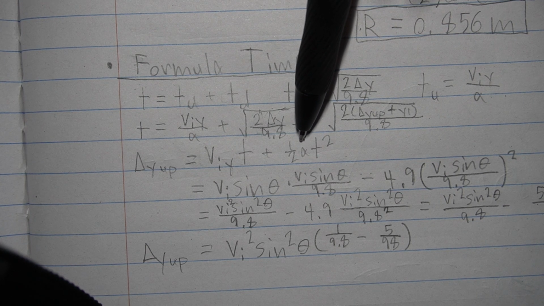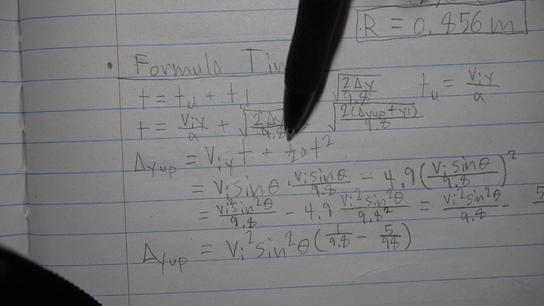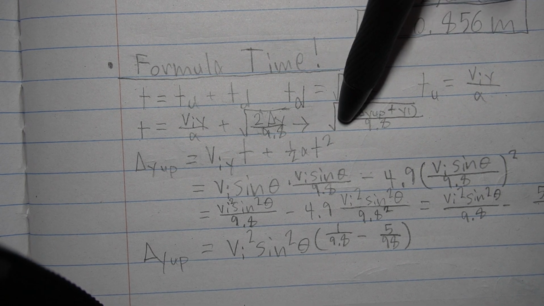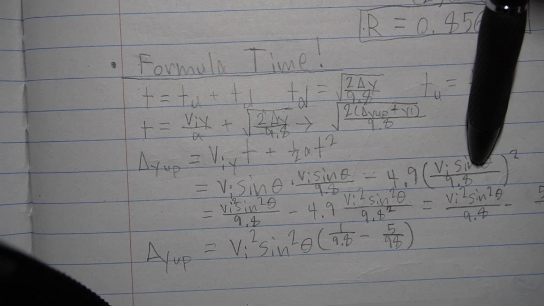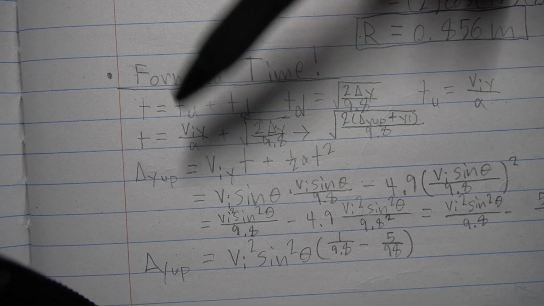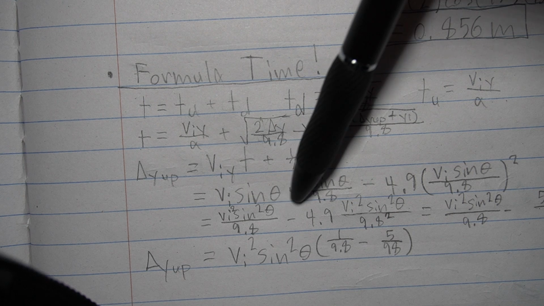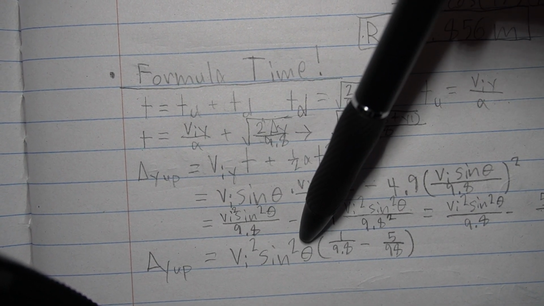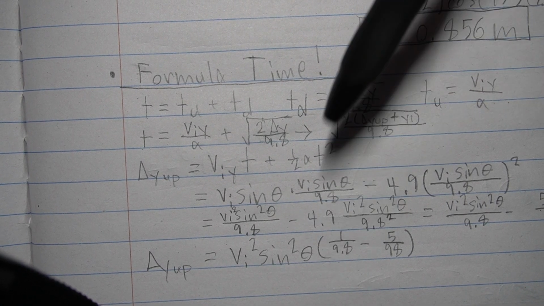A is always negative 9.8, and 1/2 of 9.8 is 4.9. And then t squared, I just put VI sine theta squared over 9.8 squared. And when you simplify it, you can pull out V initial velocity squared sine squared theta.